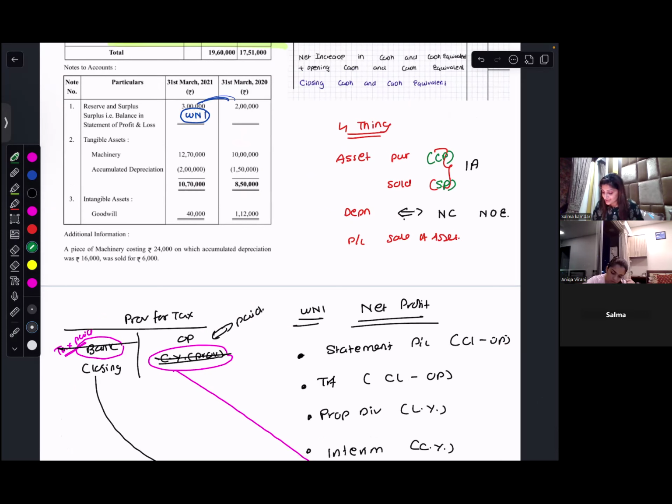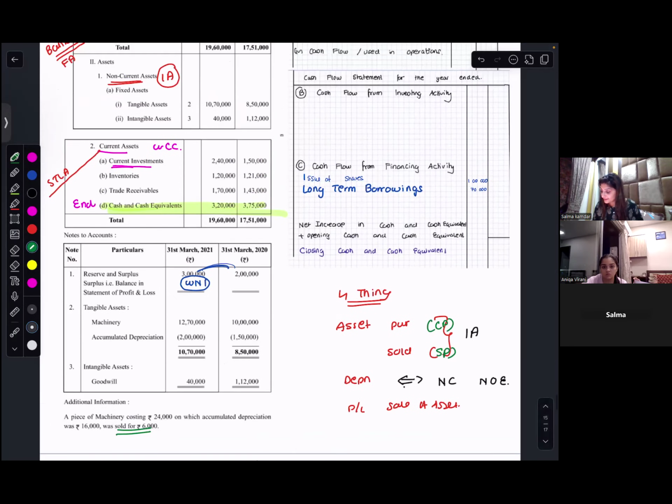The asset is sold for 6,000. Where will you write? Investing. You'll write sale of machinery, 6,000, inflow. With me? Yes.